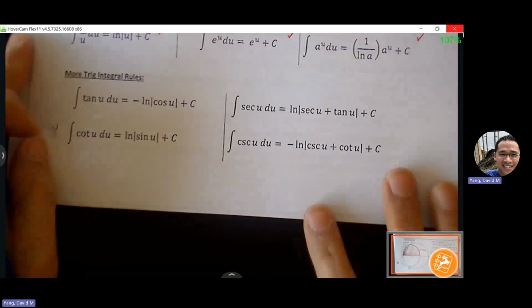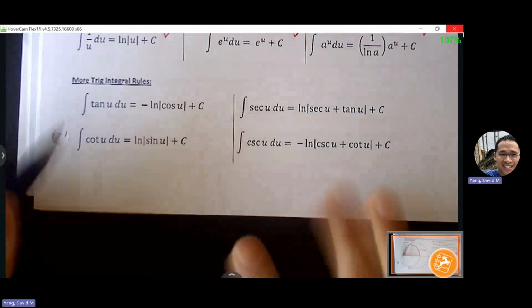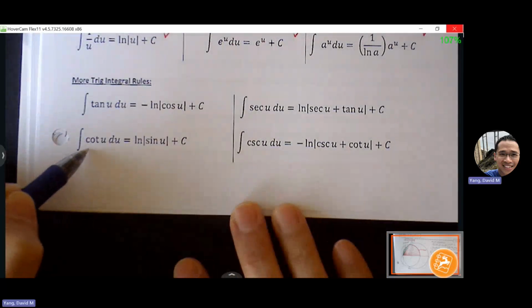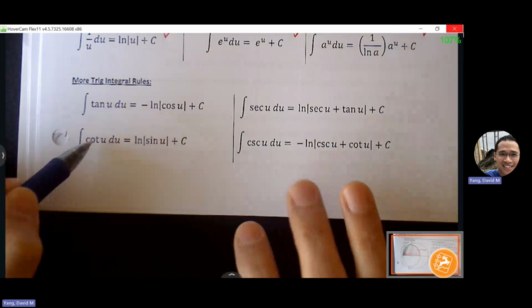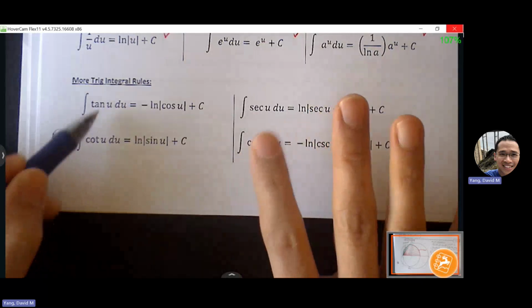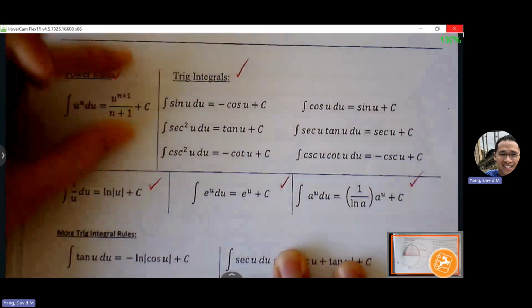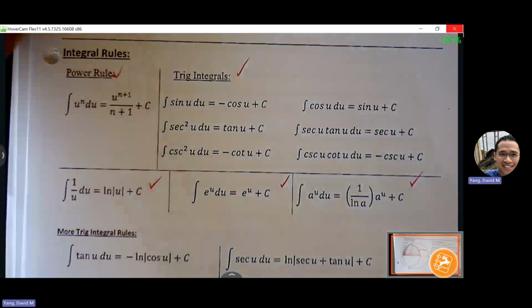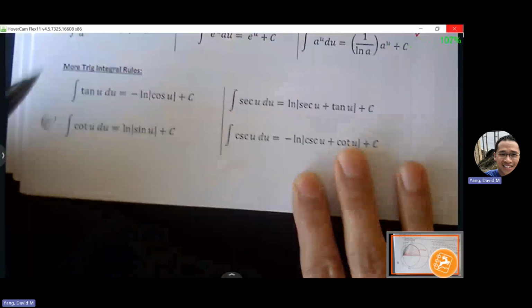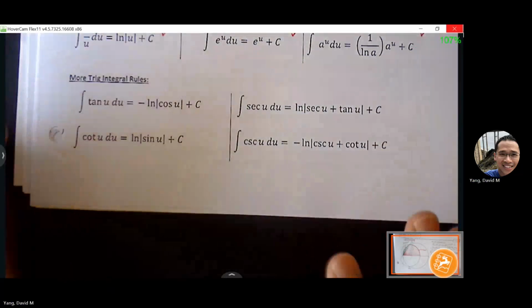Let me see if we can talk about how to memorize these. First off, since these 4 trig integral rules don't show up in the original 6, you know it has to be natural log. So tangent, cotangent, secant, and cosecant.